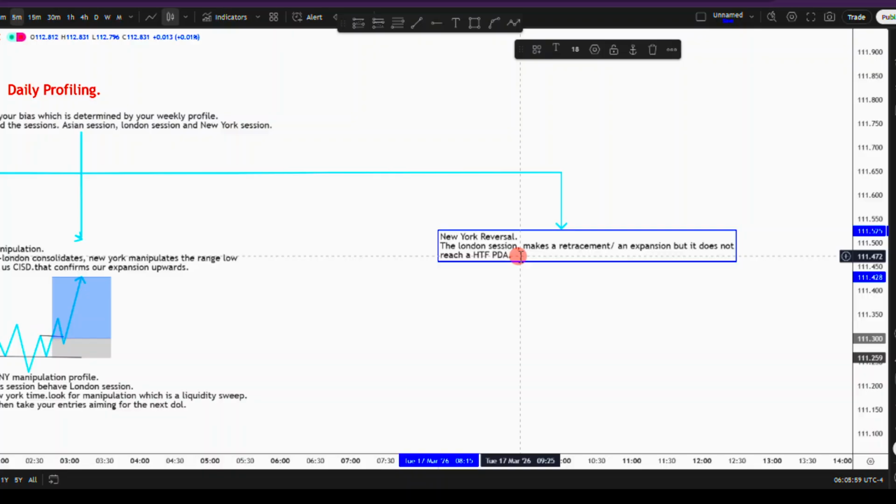And then during the New York open session, price extended further, reaching that higher time frame.